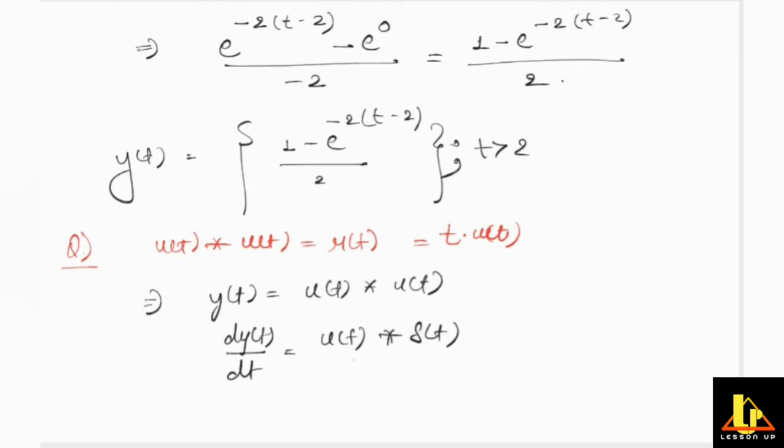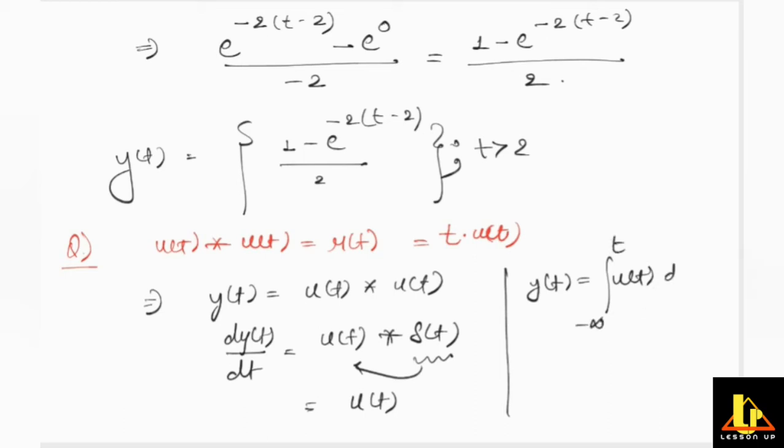And if you convolve any signal with impulse, the time will get replaced. So this will be u of t. Now dy by dt is equal to u of t. So y of t is equal to the integration of u of t from minus infinity to some value of t, dt, and integration of unit step is ramp. So y of t will be r of t.